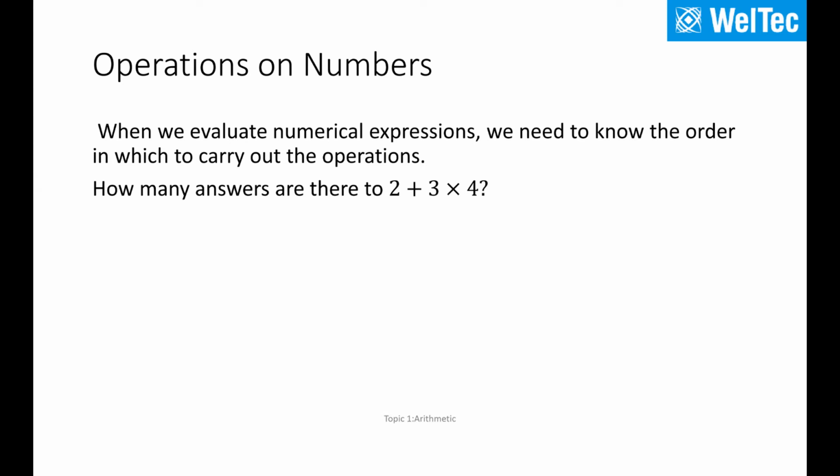And if there were no rules, then for this example here, we might say, let's first add 3 to 2 and then multiply the answer by 4. Or we might do 3 times 4 first and then add 2. So we need to know which one it is that we're talking about.